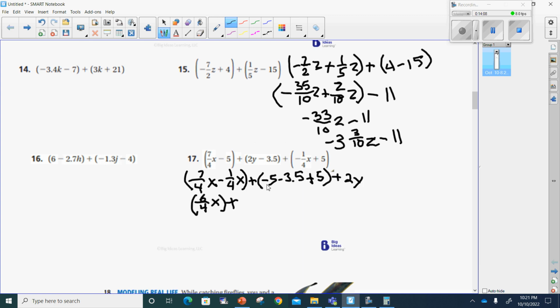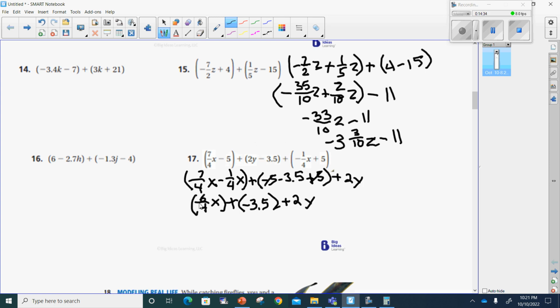Let's work over here. 7 minus 1 is 6, so this is going to be 6 over 4 x. Adding that to, well, we know negative 5 and positive 5. Well, 5 minus 5 is 0, so I can cross these out. And that leaves me with negative 3.5. And then I have a positive 2y still.